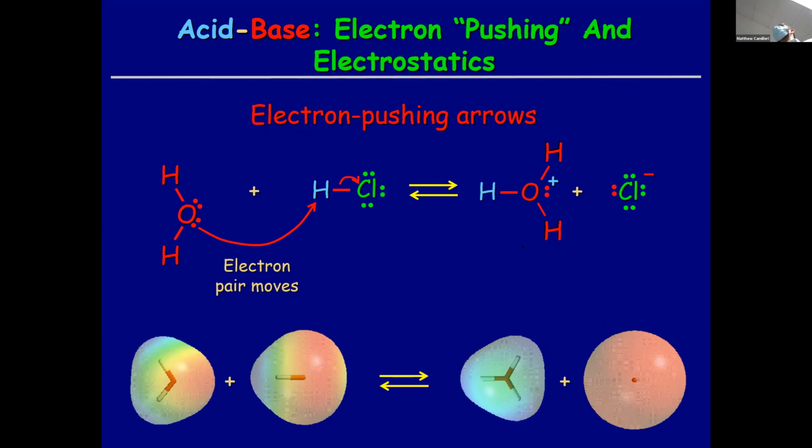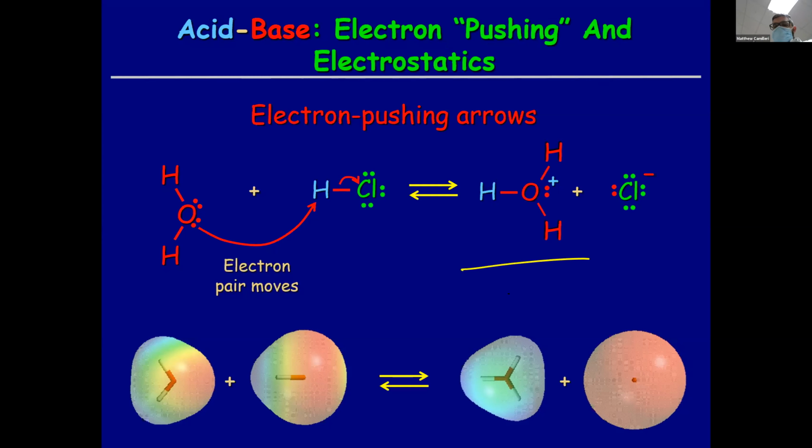Meaning that the water is giving the electrons to a proton, okay? And you're breaking the HCl bond. From now on, H plus doesn't exist. H plus is always accompanied by water normally.